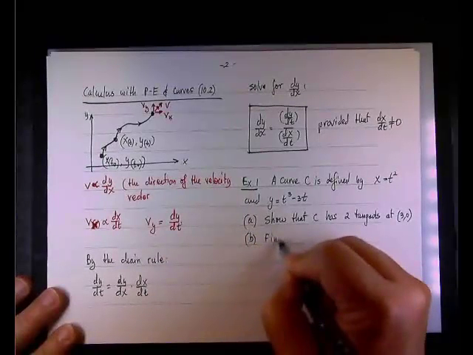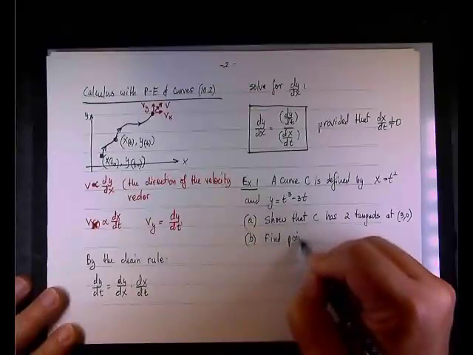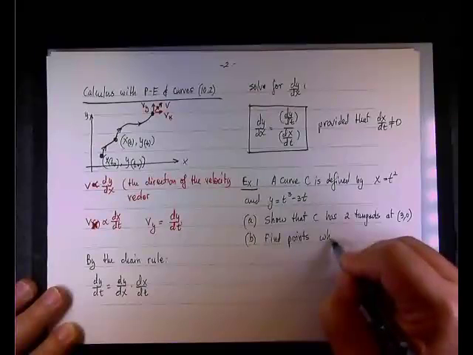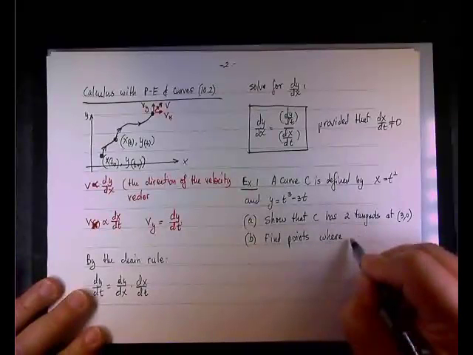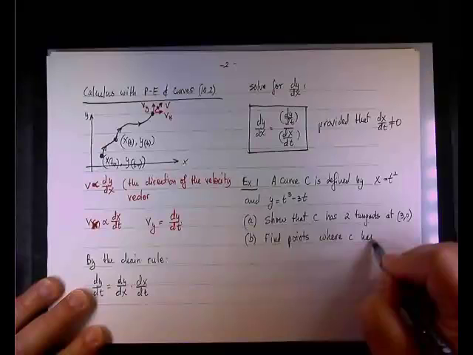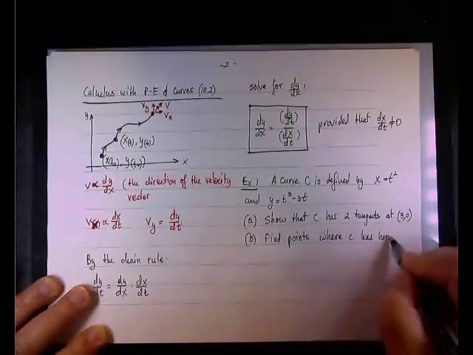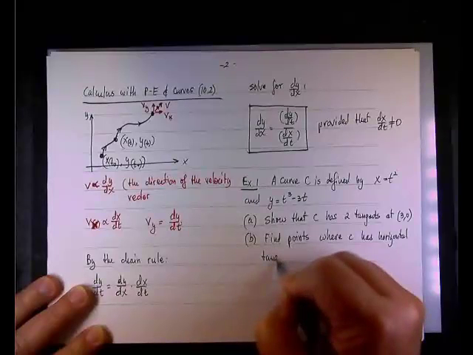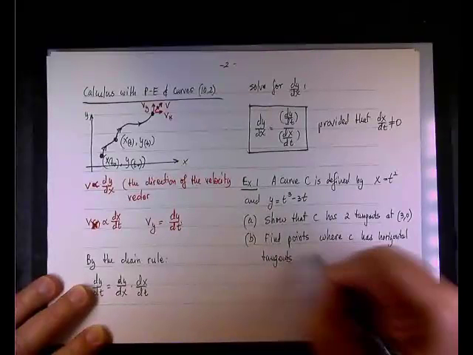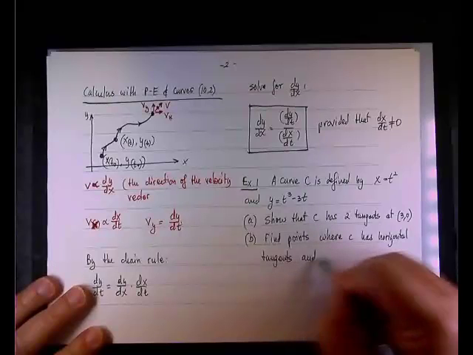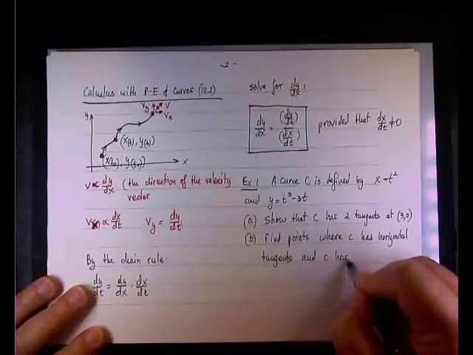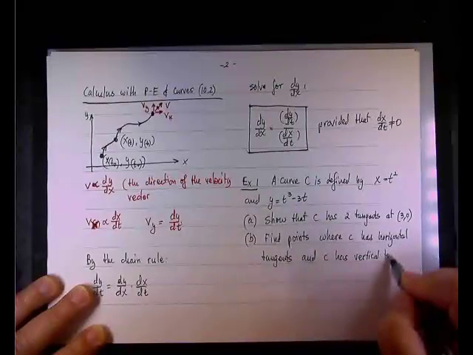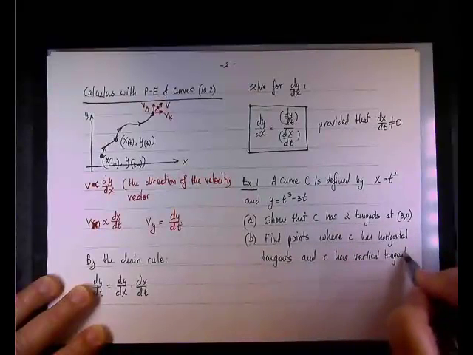Part B, we need to find points where C has horizontal tangents and C has vertical tangent.